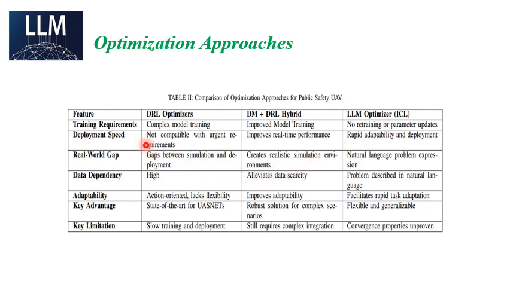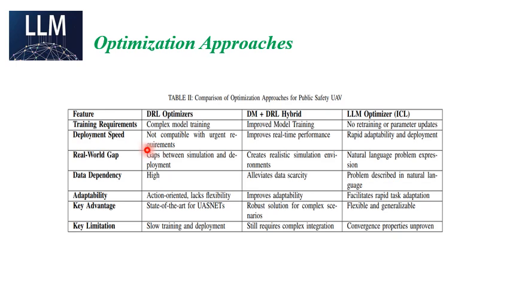For example, from the point of view of training requirement, the DRL optimizer, as all of you are aware, has complex model training. When we combine DRL with a diffusion model, we have improved model training. With an LLM optimizer such as ICL, there is no retraining or parameter update.